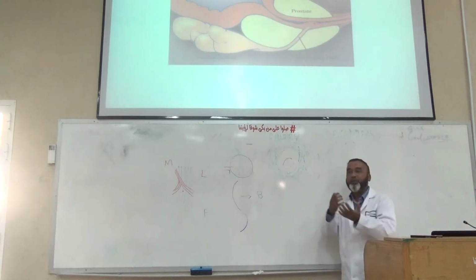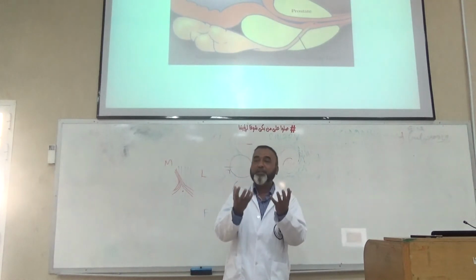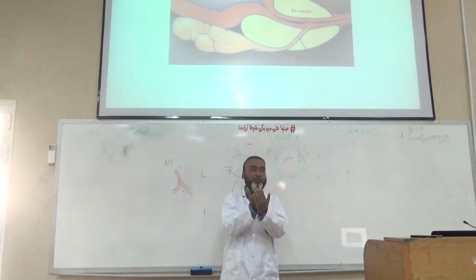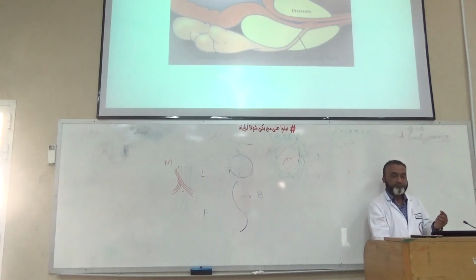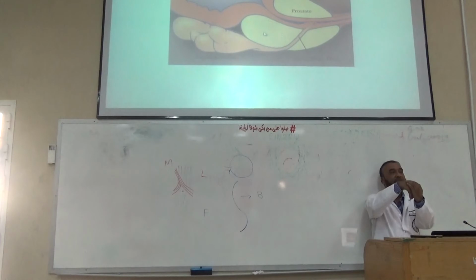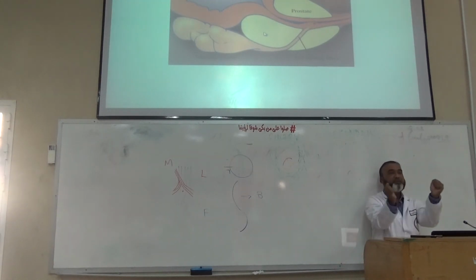Okay, so due to this benign prostatic hypertrophy, the median lobe, when it increases, will stretch the urethra like this. Then from the two sides, the two lateral lobes compress it.